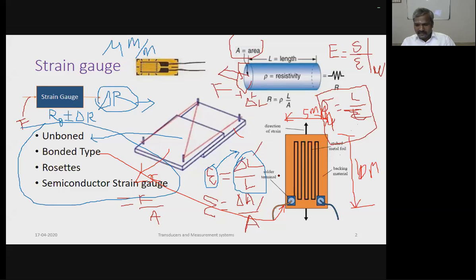These two are connecting leads, like the connection leads of a resistive RTD. This is the direction of strain, where the strain is developed. Actually, this strain gauge should be bonded. Suppose this is a membrane.